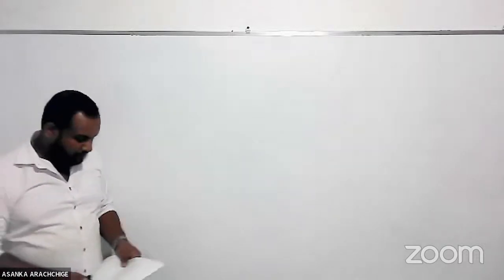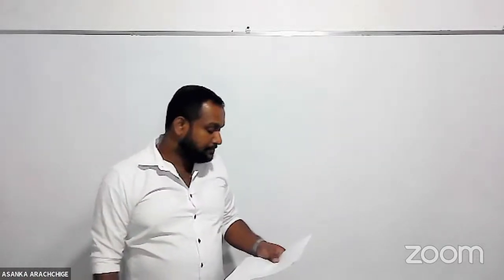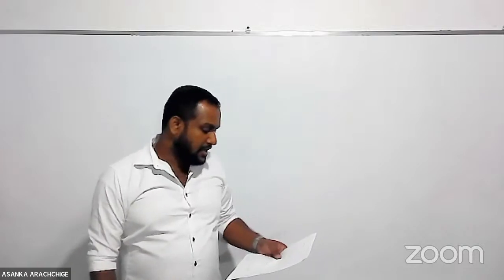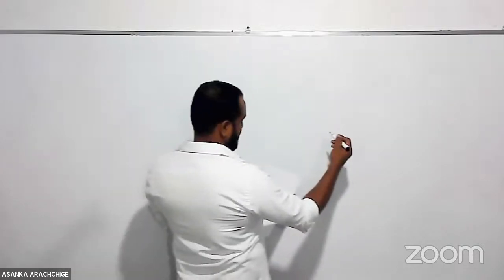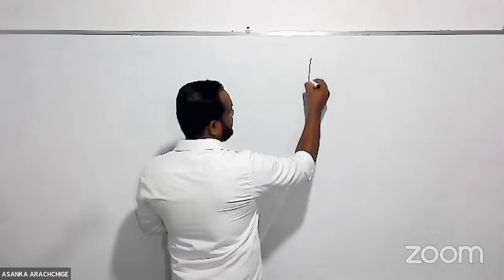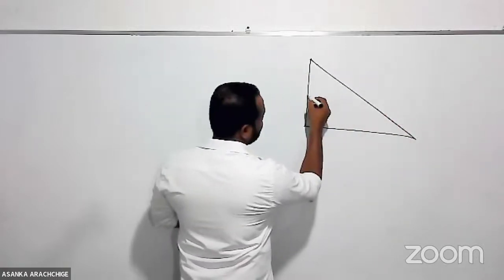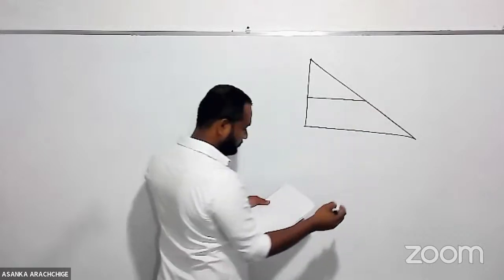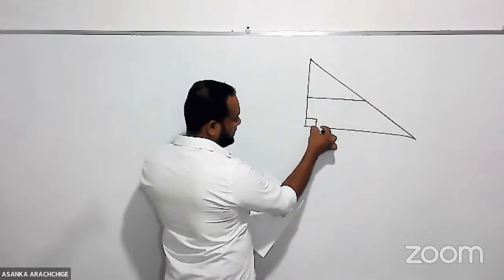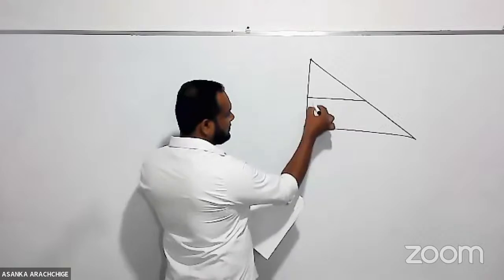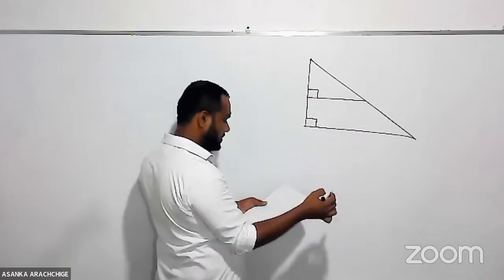Then, number 22. In the figure, look, it is a right angle triangle. This is a right angle, so is this.